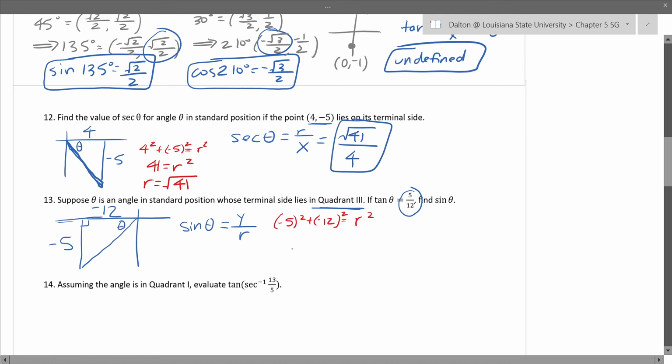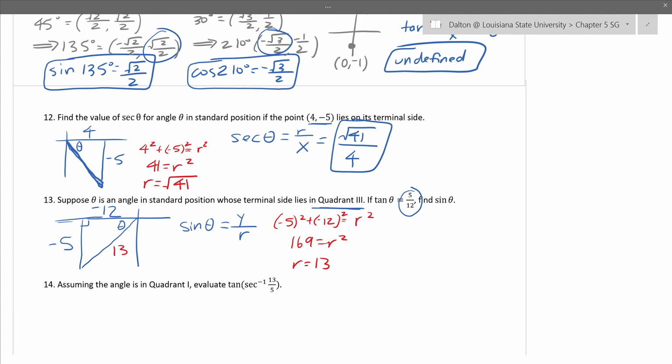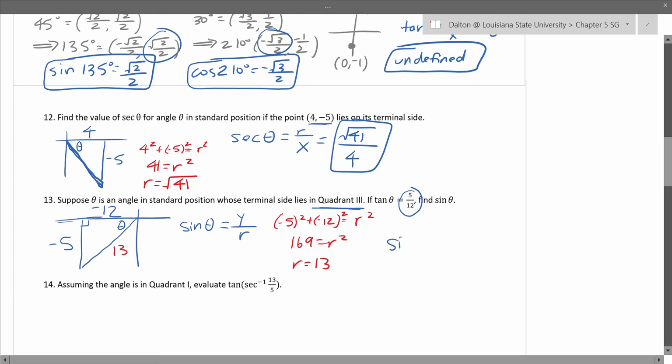And that's going to be 169 equals r squared, which is great because the square root of 169 is 13. So if the radius is 13, then the sine of theta equals y over r. So the y value is negative 5 over the radius, which is 13. So negative 5 over 13 is the sine of theta.